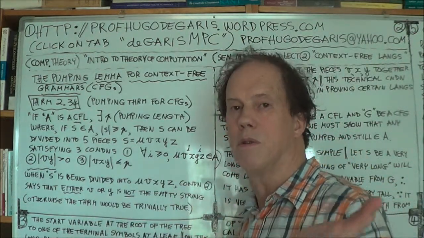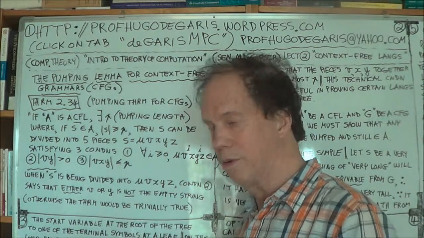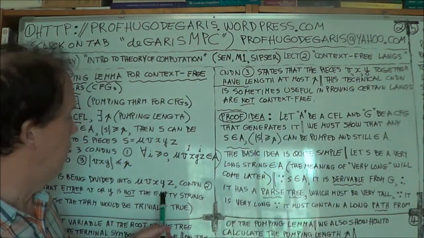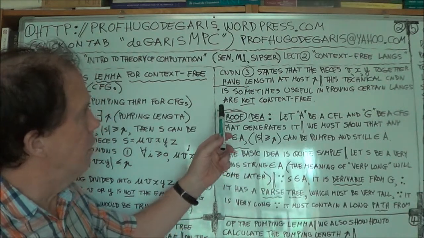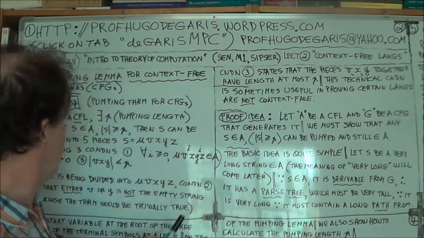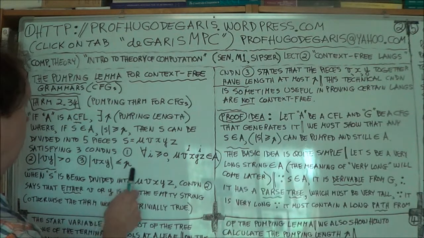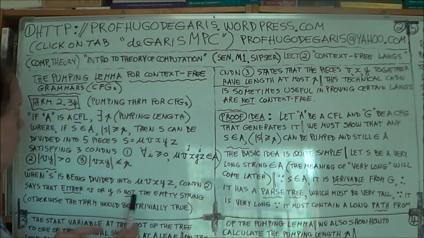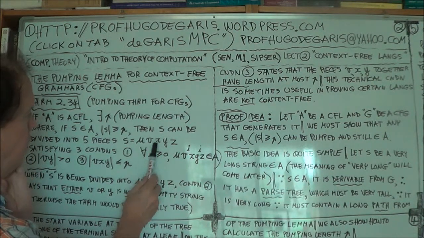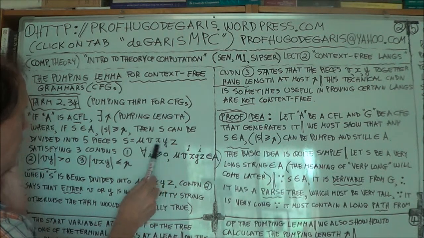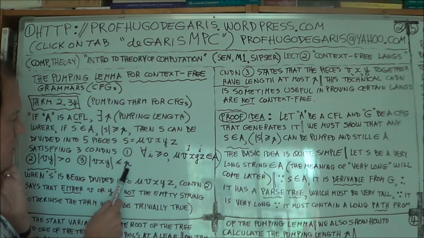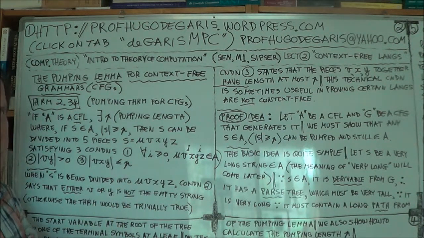I ask you to show that for homework. Convince yourself that it's just trivially true, but it's not proven in the text. Okay, now condition 3. That's this one. What's that saying? Well, if you take this substring here, VXY, the middle 3, its length has to be less than or equal to the pumping length.